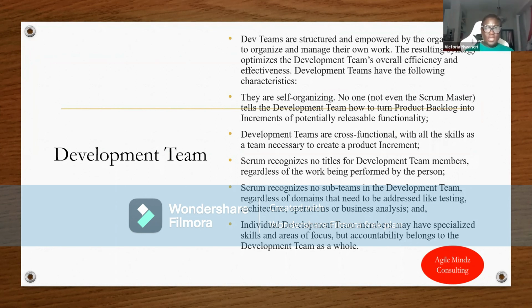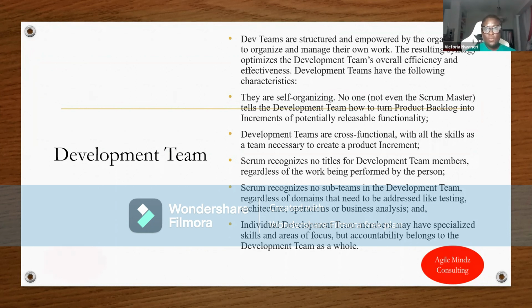So each individual development team member may have specialized skills or an area of focus, but it's also important that you as a Scrum Master give them the opportunity to really sync with each other and learn from each other, because that's how they build that cross-functional skill set, right?